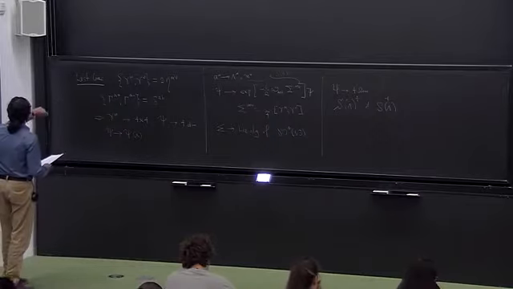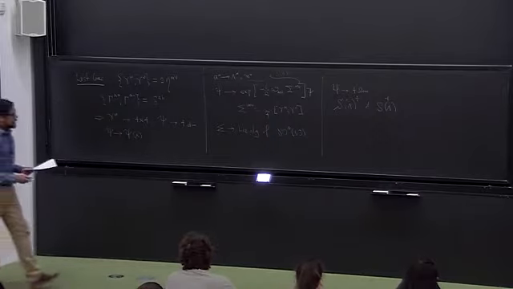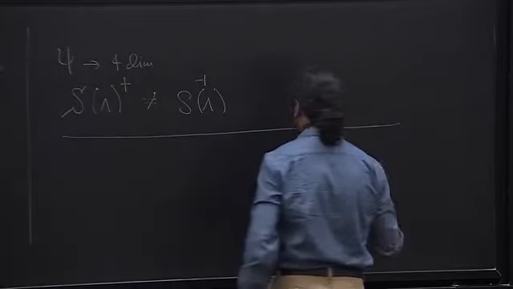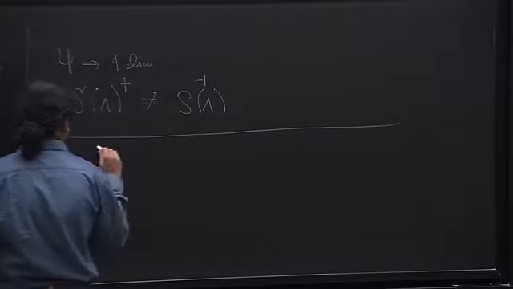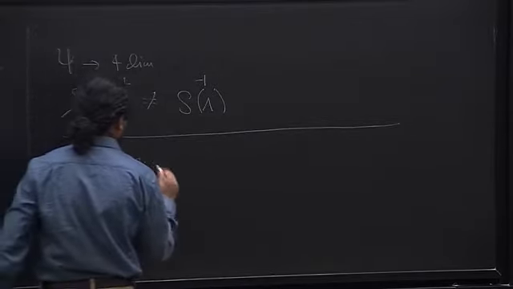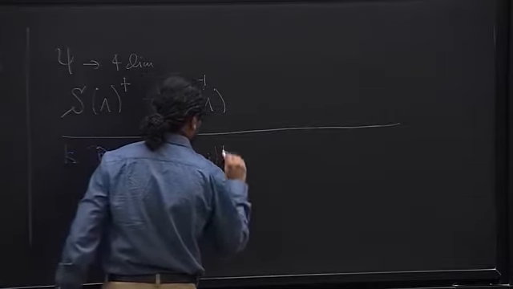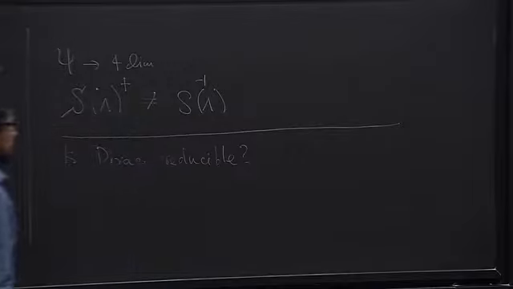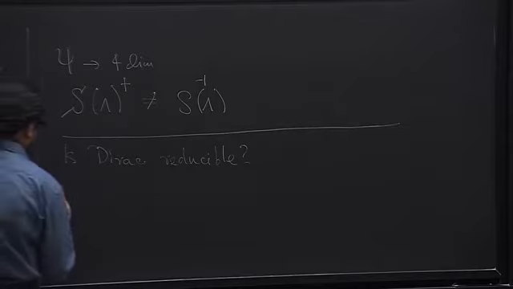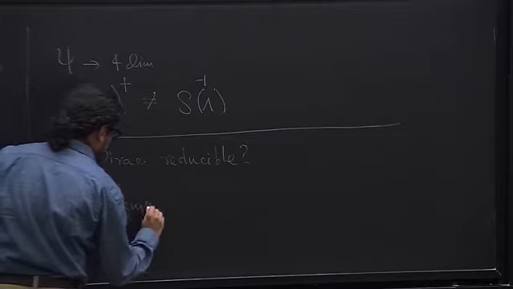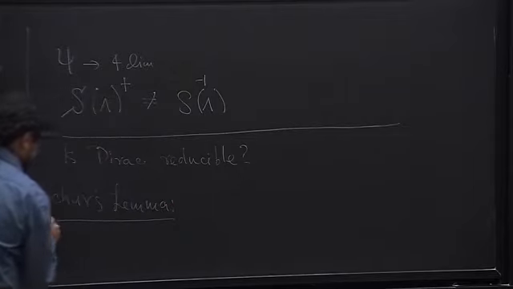Then we ended with the question whether the Dirac representation is reducible. To answer this question, which we will answer today, I want to invoke Schur's lemma, which is a theorem from group theory.